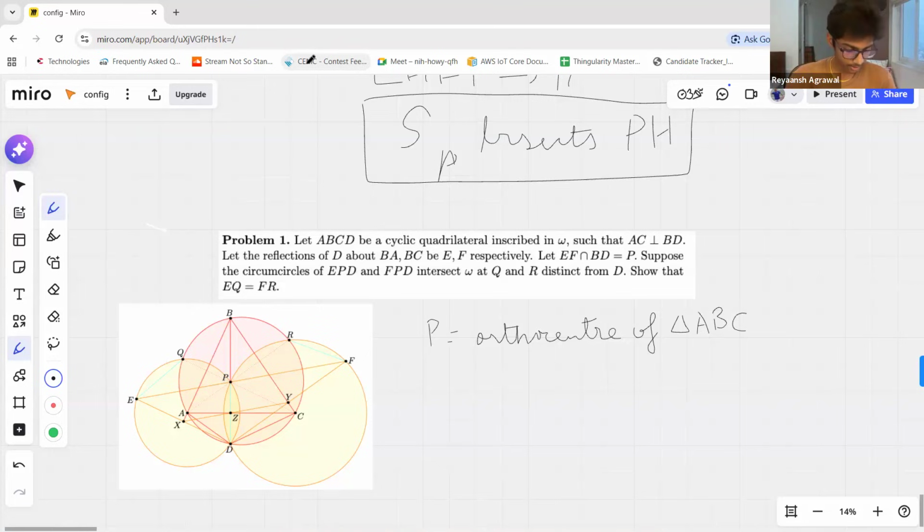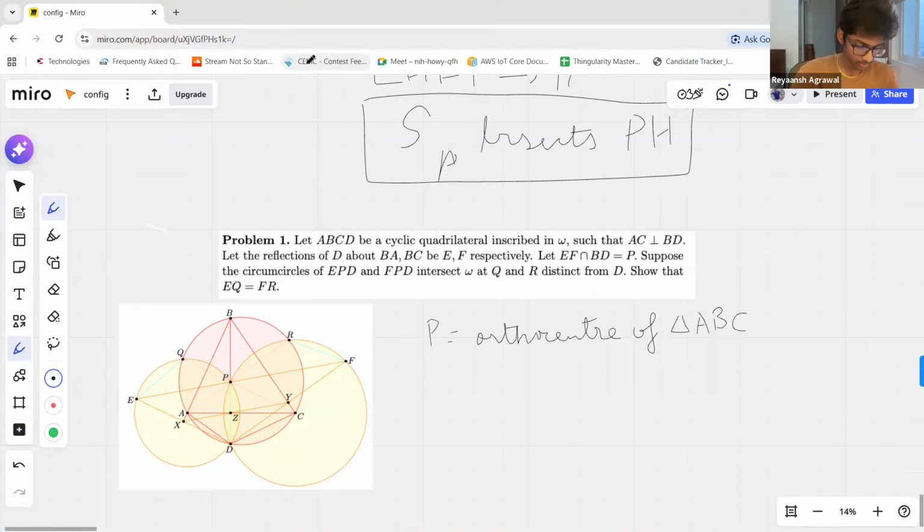PQ is parallel to ED, and PQED is cyclic. EQ equals PD and similarly PD equals RF. So EQ equals RF. So we're done. How do we see that PQ is parallel to DE?